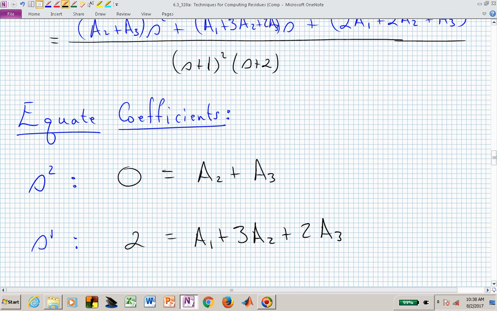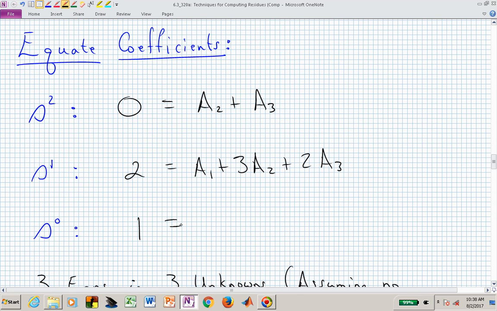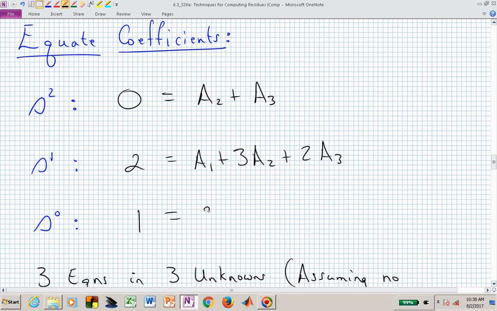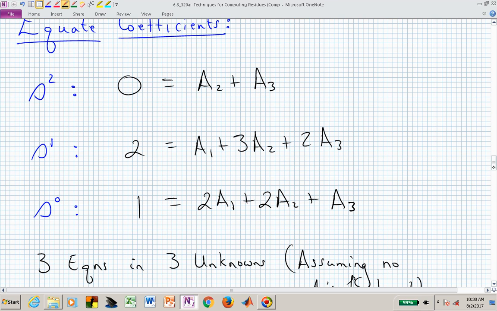And finally, for our constant, we have 1 on the left, and on the right, we have 2a1 plus 2a sub 2 plus a sub 3. And now we have 3 equations in these 3 unknowns.